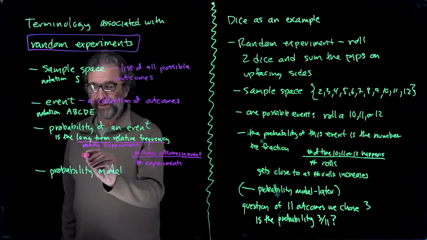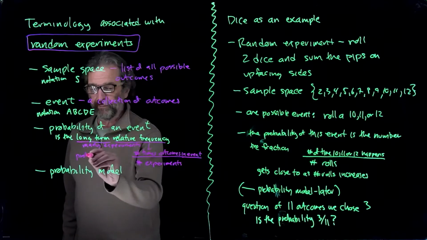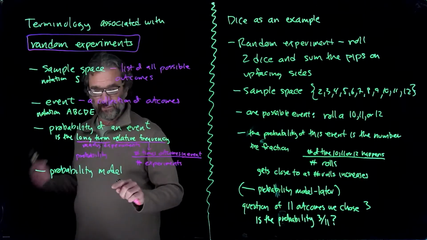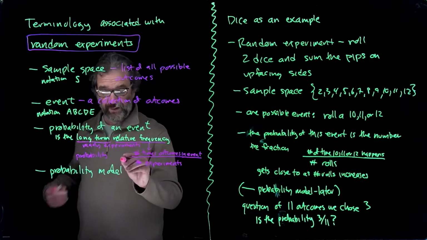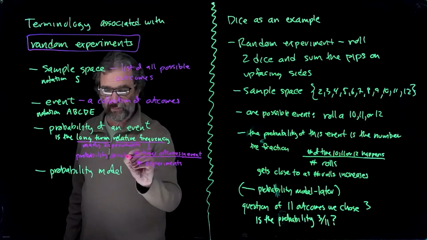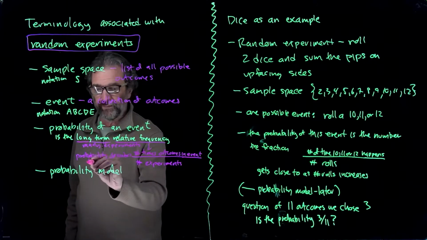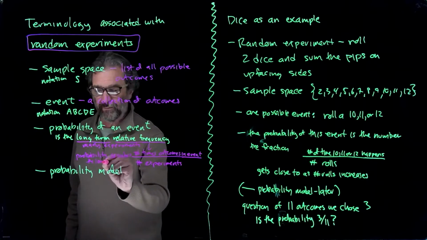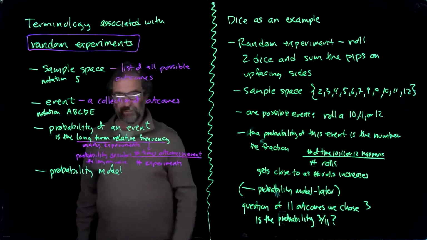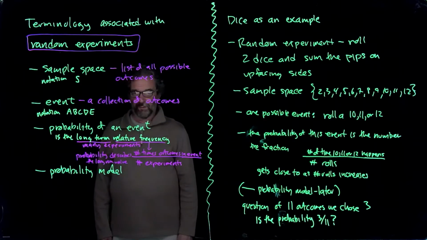So we say probability is trying to describe the long run value.